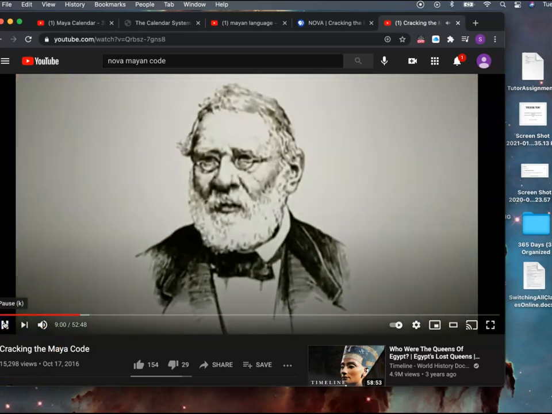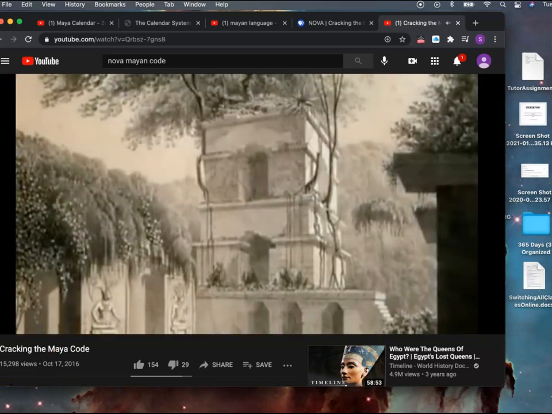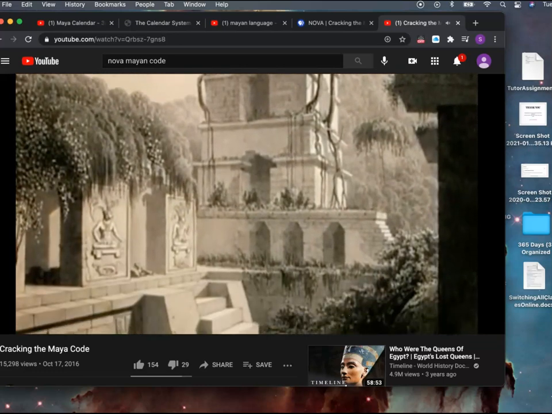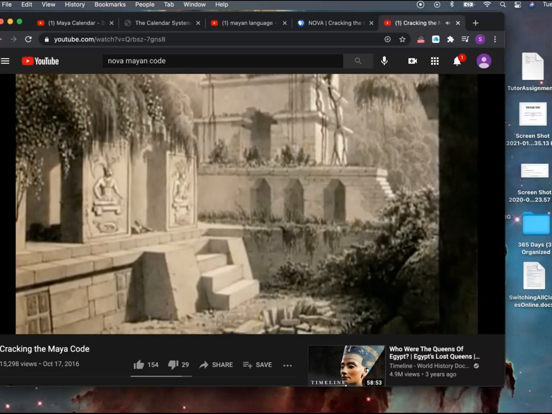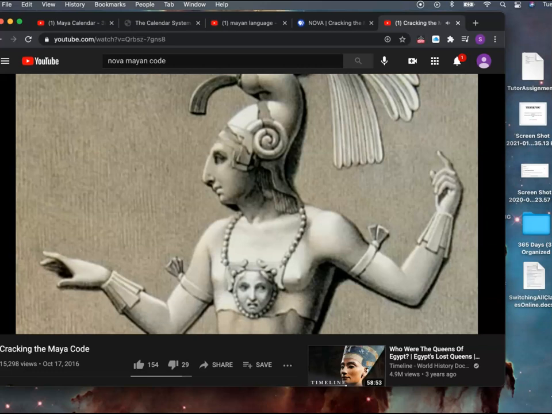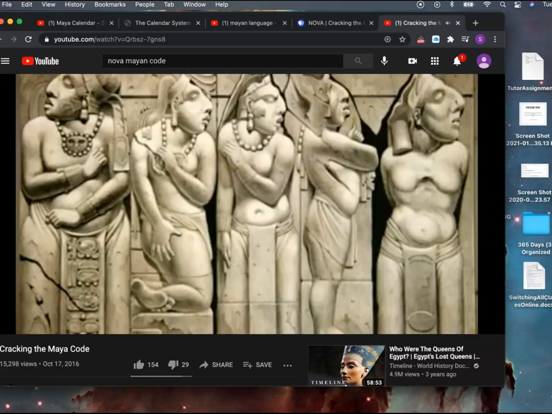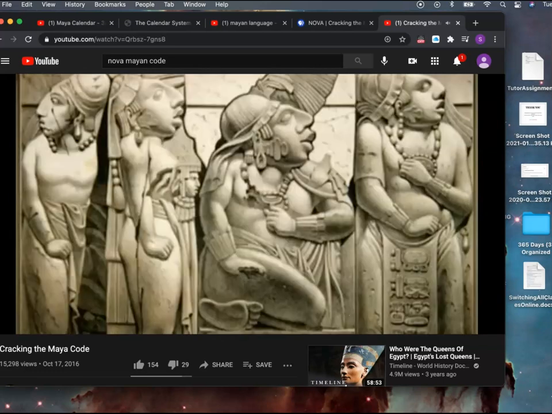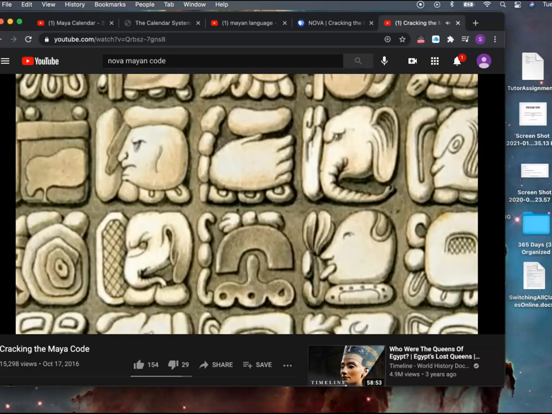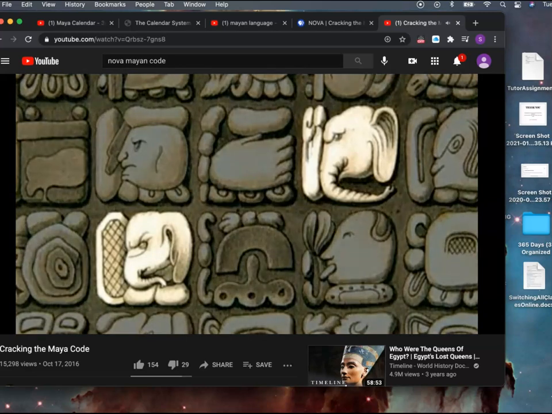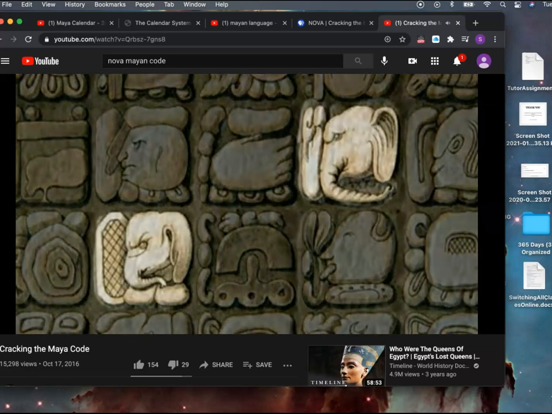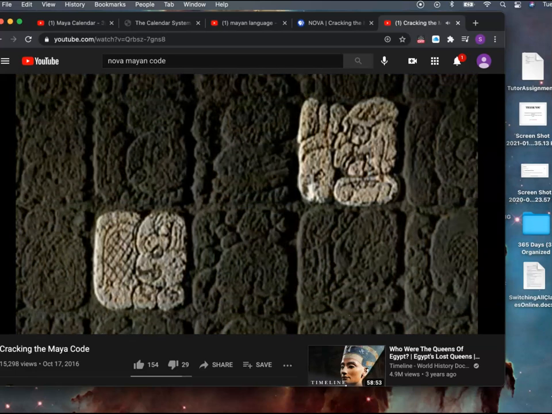Artist Jean Frederick Waldeck traveled to Palenque in 1832 to sketch its hieroglyphs. Believing that Babylonians, Phoenicians, or Hindus had built the Maya cities, Waldeck's drawings even included Indian elephants. We now know that the Maya weren't even writing anything that visually looked like an elephant.